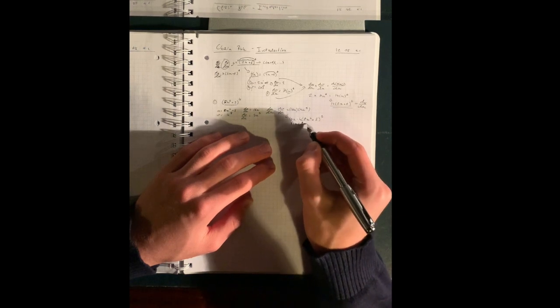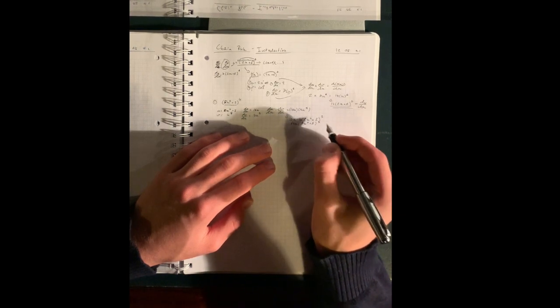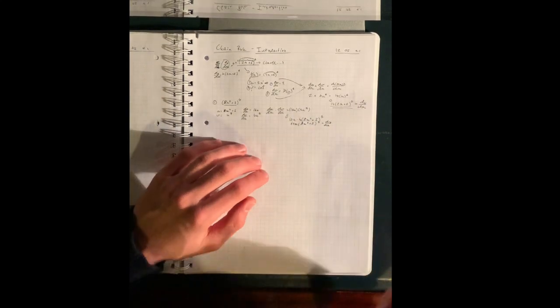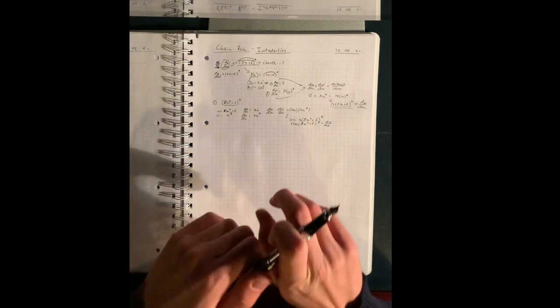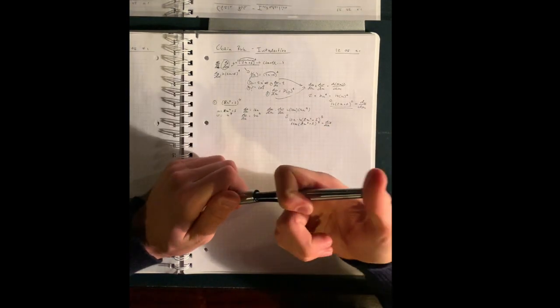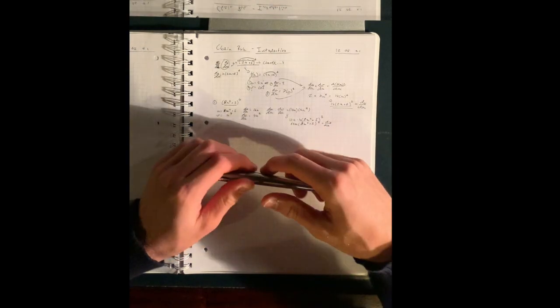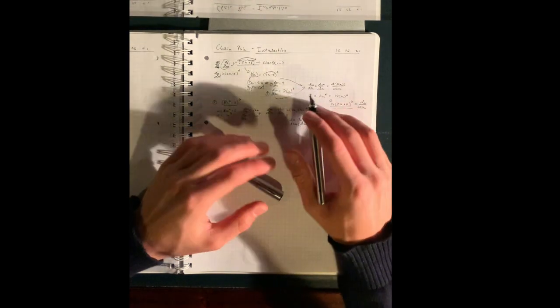So 64x times 8x squared plus 5 to the 3 is dy/dx. Boom. First example done.